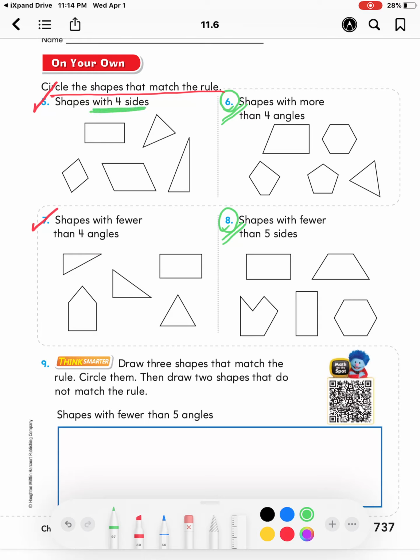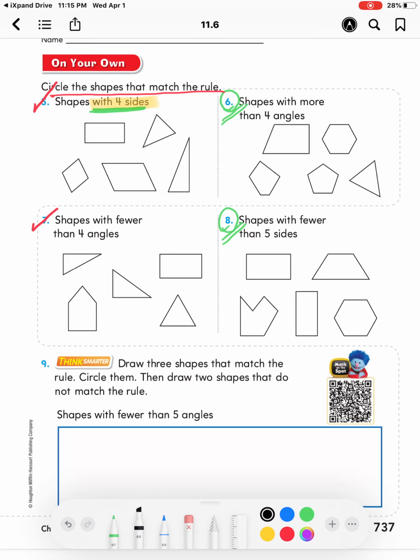It says shapes with 4 sides. So, shapes with 4 sides, what does it mean? It means we can only take shapes with 4 sides. Not more than 4 sides or fewer than 4 sides.